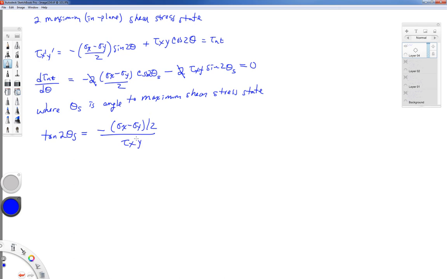Now this is kind of interesting. It looks very similar to what we had for the tangent of 2 theta p. Let's just write down in parentheses what we had for the tangent of 2 theta p to get to the maximum normal stress state. We had positive tau xy over the quantity sigma x minus sigma y over 2.